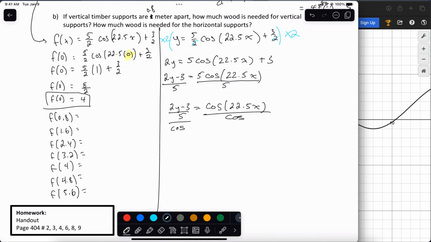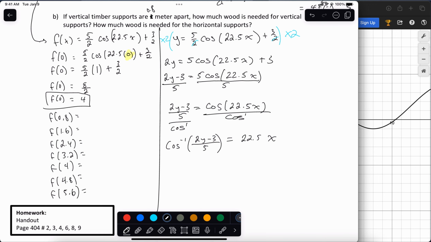And then you recall that the exponent on cosine currently is technically 1. And what I can do with exponents, when I take an exponent and move it from the denominator to the numerator, is make it negative, right? And so I get cos inverse of 2y minus 3 over 5 has to equal 22.5 x.